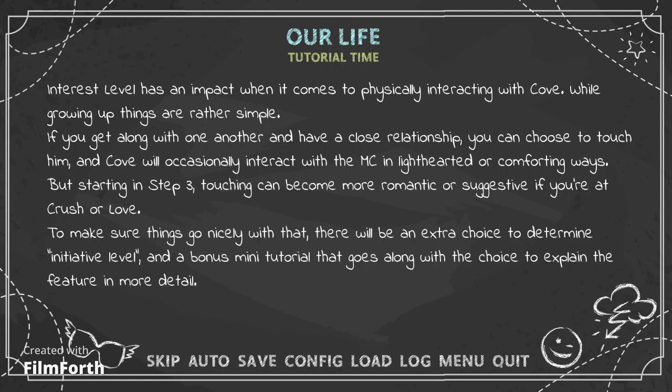To make sure things go nicely with that, there will be an extra choice to determine initiative level. A bonus mini tutorial goes along with the choice to explain the feature in more detail.